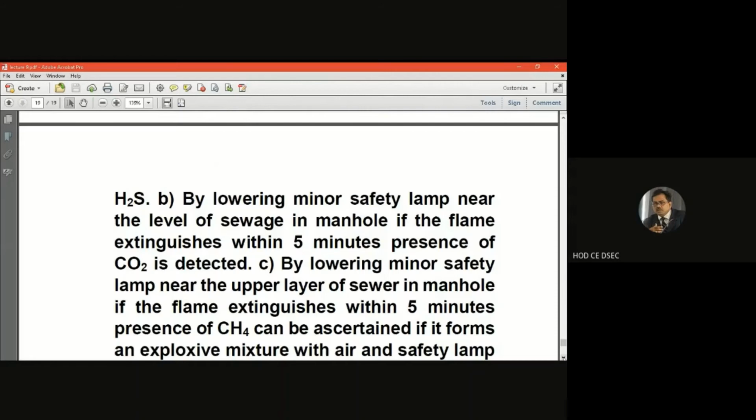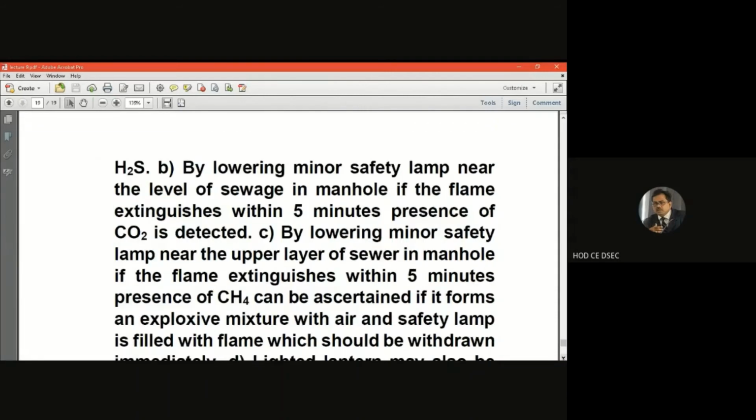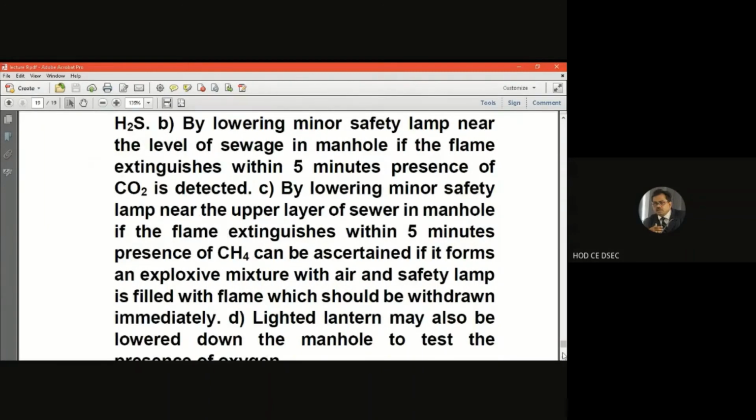Now coming to ascertaining the presence of methane. How do we ascertain it? By lowering a miner's safety lamp near the upper layer of the sewer in the manhole. Why the upper layer? Because methane is lighter, so it exists in the upper layer.